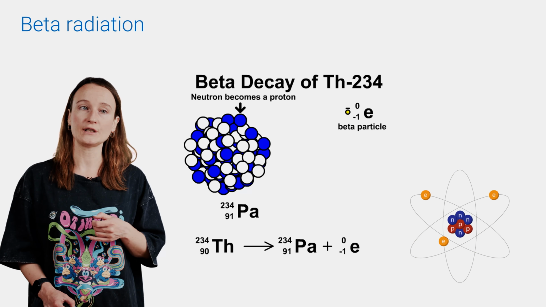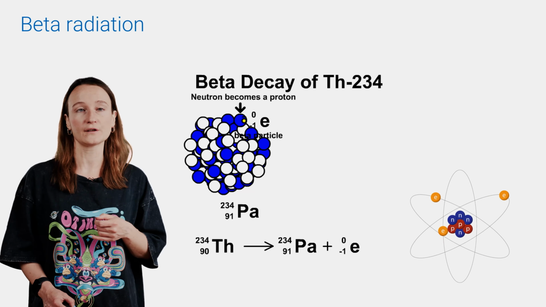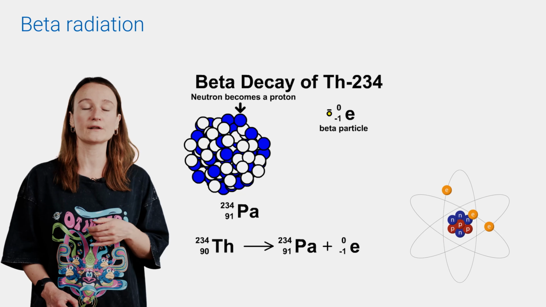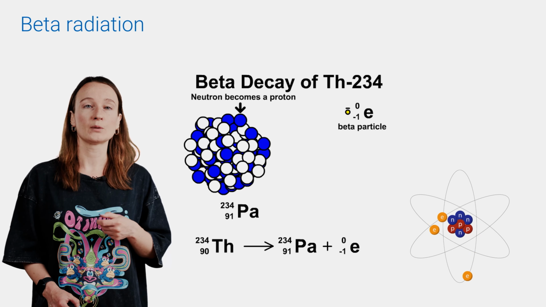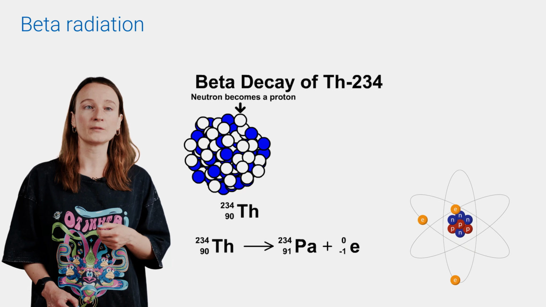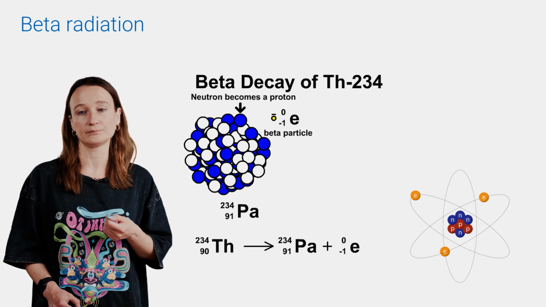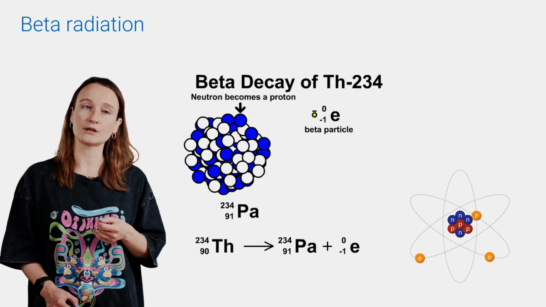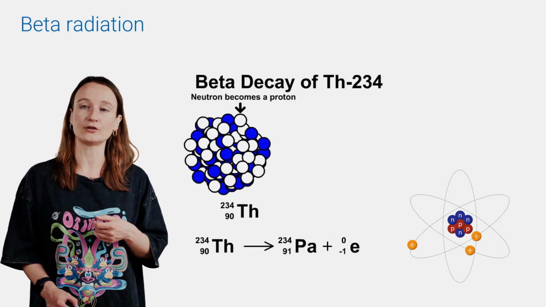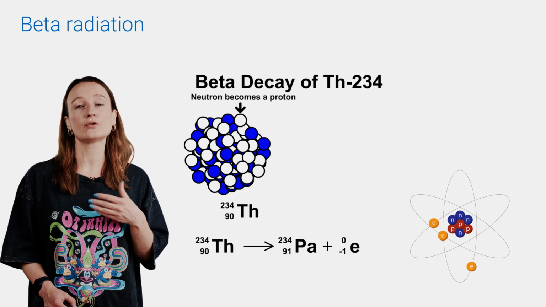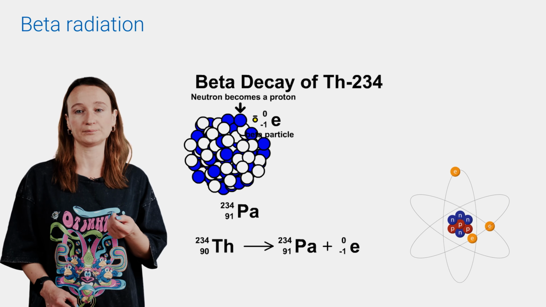Beta radiation is a flux of beta particles consisting of electrons, negatively charged particles, and positrons, positively charged particles, emitted by atomic nuclei during their beta decay. Beta particles carry one elementary electric charge and have speeds depending on their radiation energy.